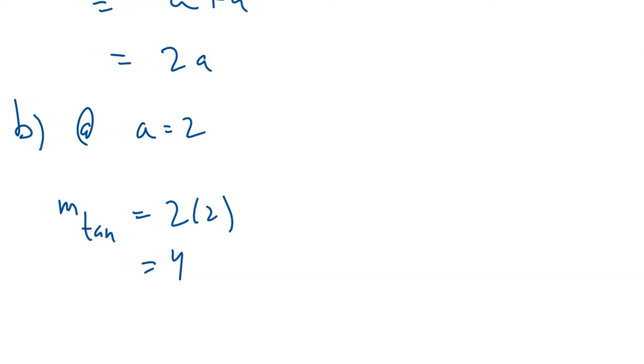Not really the point for us. You're not going to have to decide when it's more efficient to do one or the other. You're just going to follow the instructions. If the question just says, find it at this point, or if the question says, determine a simplified expression for, then you're going to do one or the other. Okay? But you do need to know how to do both.